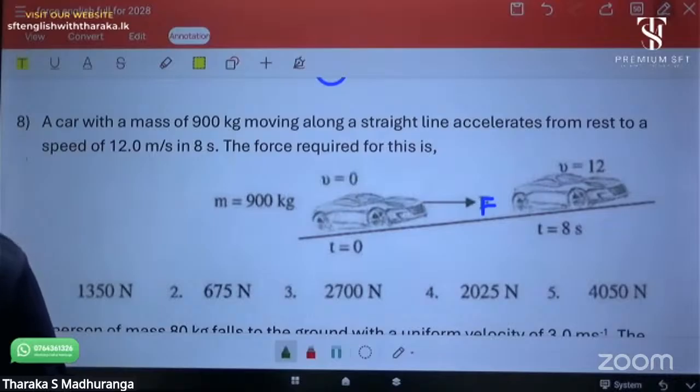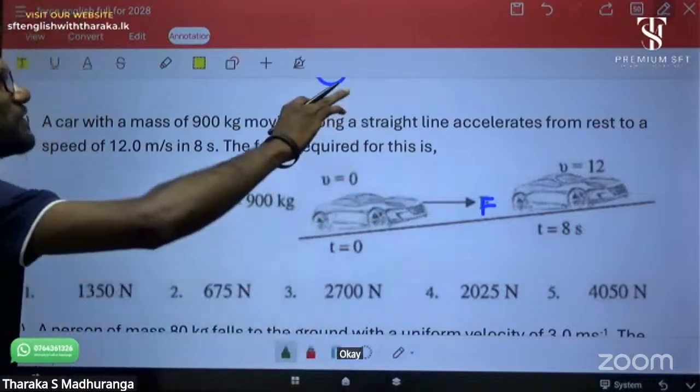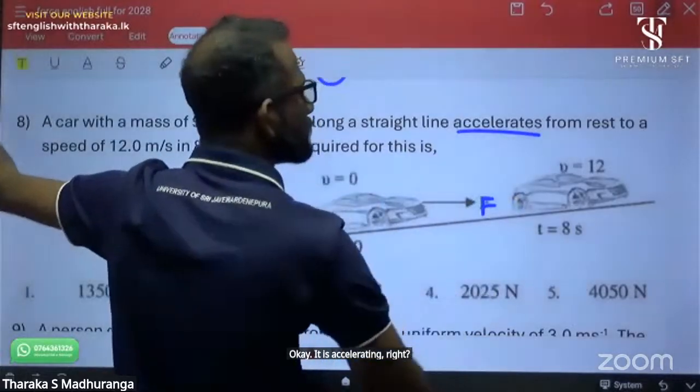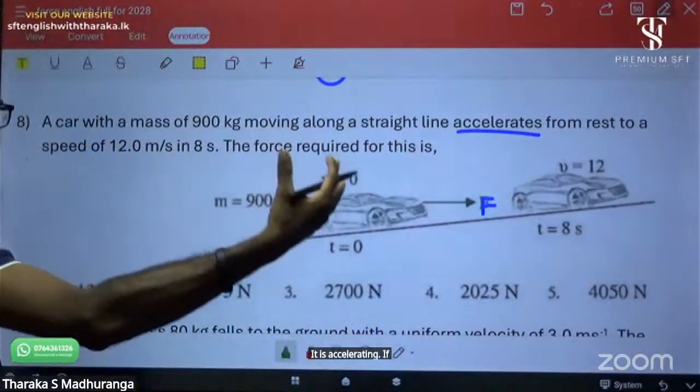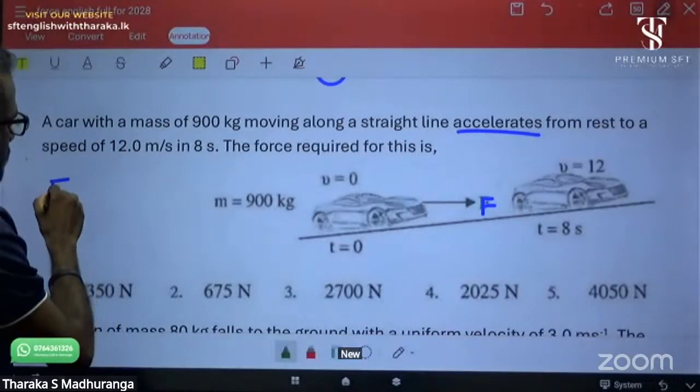Very good. Yeah, all are correct. Great. It is accelerating, right? If it is accelerating, what is the Newton's law? Newton's second law.